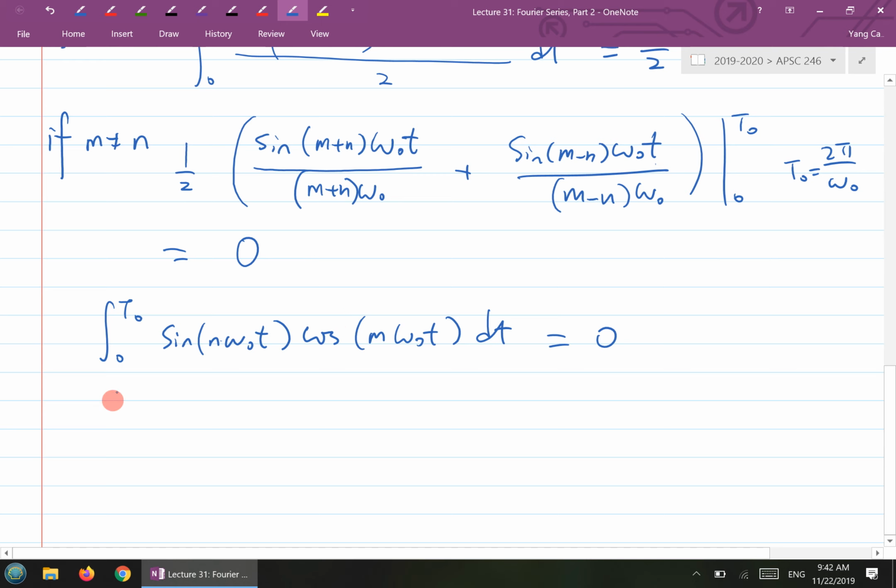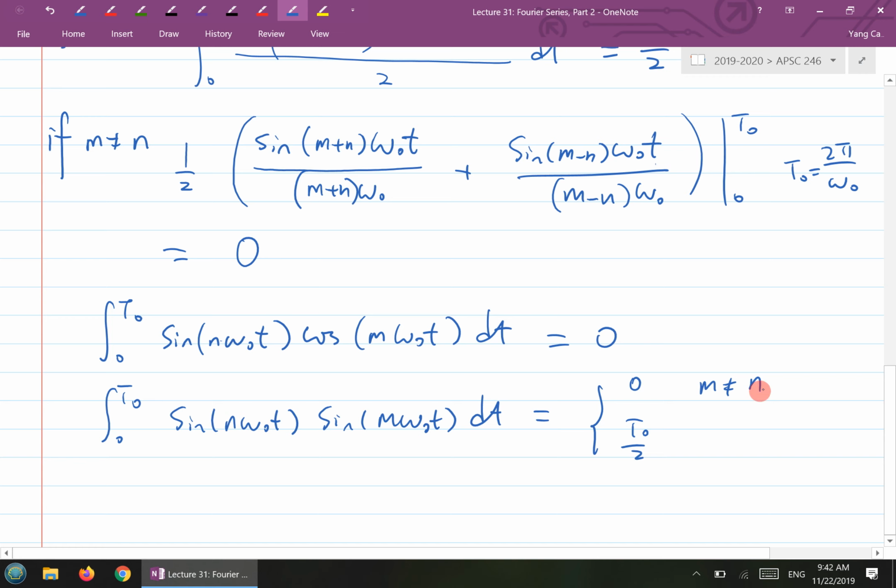And also, if you do two sine terms, you get similar results. When m is not the same as n, it is 0. When m is the same as n, you get t naught over 2.